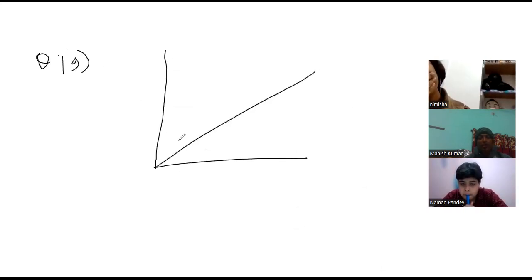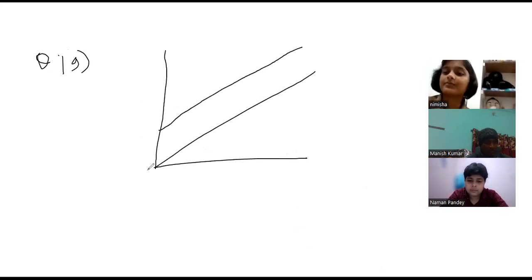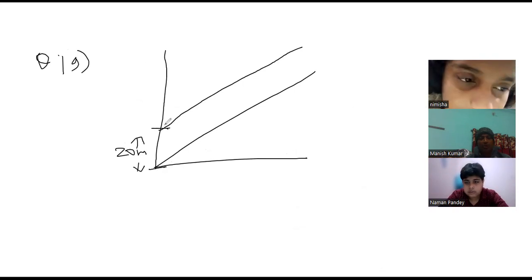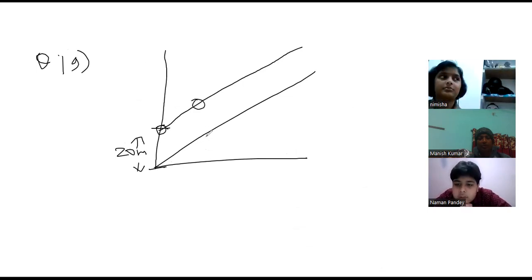Now question number 19. Question number 19 was a graphical question. There was a graph here. One line was going like this and one was parallel to it. One is at, suppose, the origin and this is 20 meters. So here is an object and here is an object. If this object is leading by 20 meters, it will always be leading, if at any point they are parallel to each other, isn't it?